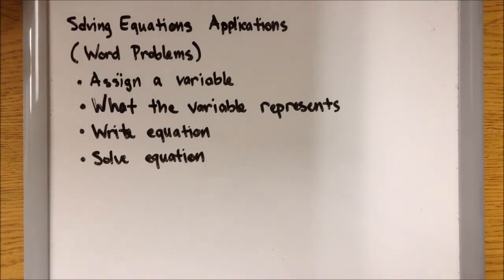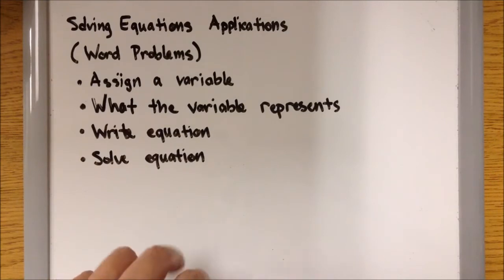So again, when you're given a word problem, follow these points right here. Write out the variable, write out what it represents, make your equation, and solve for that variable. That's all you have to do, but the most important thing is setting up the equation correctly. If it's not set up correctly, you will not be able to get the correct answer.